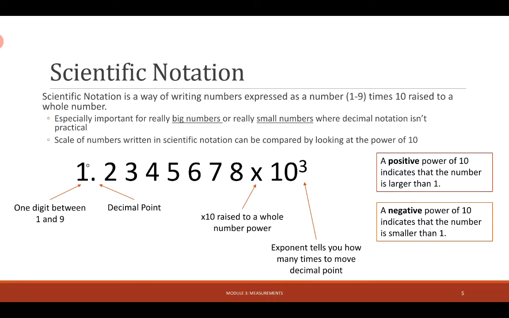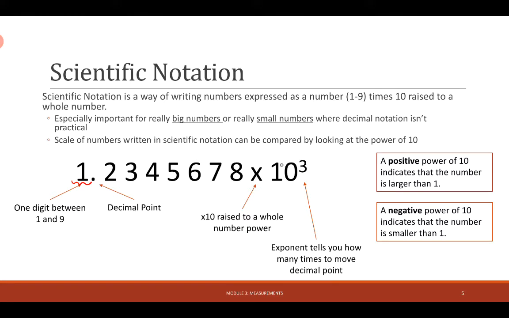In scientific notation, you are allowed one digit in front of the decimal point, and that one digit has to be between 1 and 9. You can't have a 0 there. If it was a 0, you'd have to move it over one more so that your one digit is between 1 and 9. After that, you list all the other significant digits in the number, and then you go times 10 to some power.